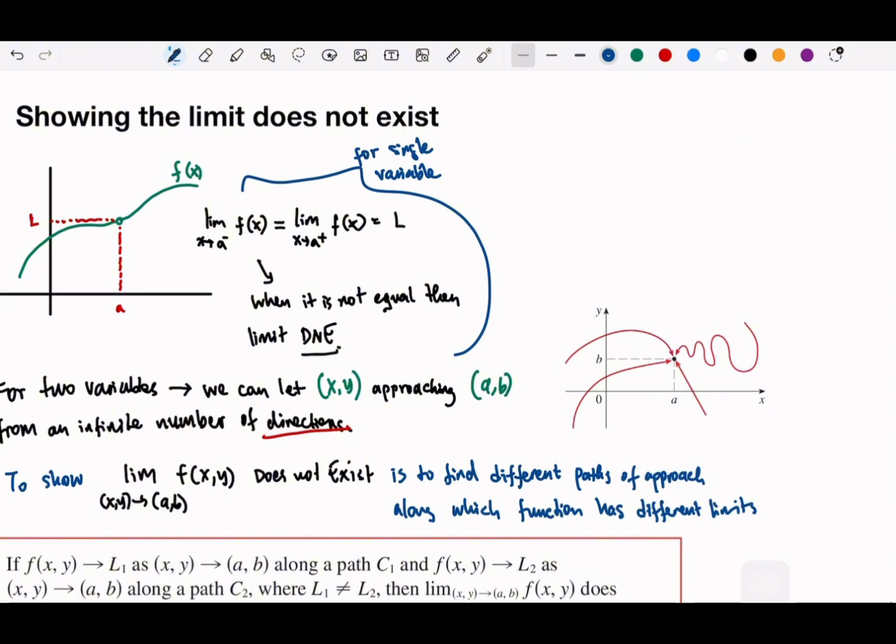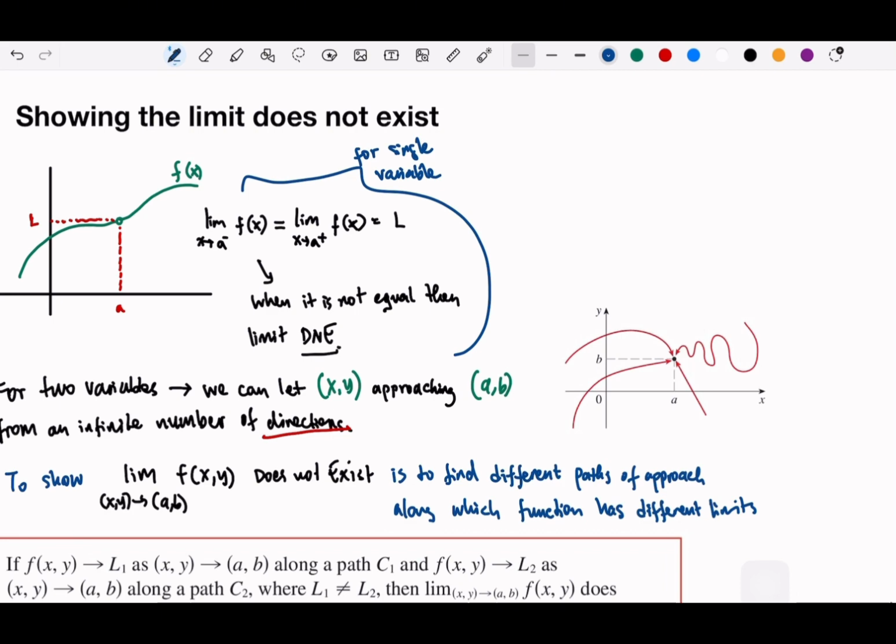So when we approach this (a, b), we can approach from here, from here, from anywhere, right? It is not the same as in calculus one, where we have left and right and need to make sure they are equal, or we have the value and the limit exists. But now we have approach from everywhere.